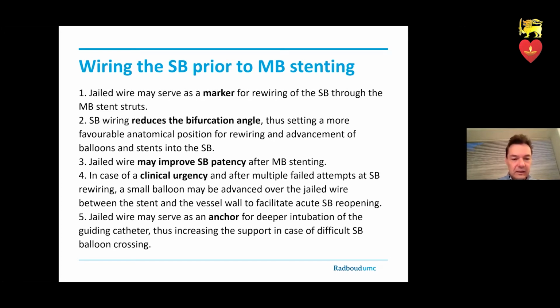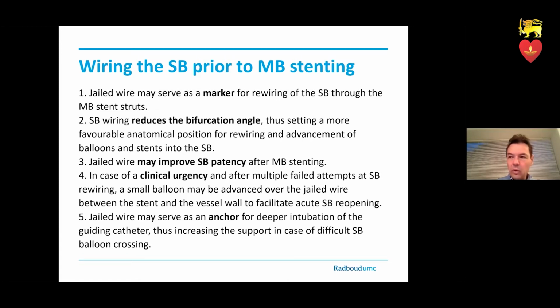And then in case of clinical urgencies, you can use another balloon on this jailed wire to open up the vessel and give you time to reduce the chest pain of the patient at the moment, and follow it up with a new wire and a new balloon to complete the bifurcation. And the point number 5 for the jailed wire, it has some part of an anchor.